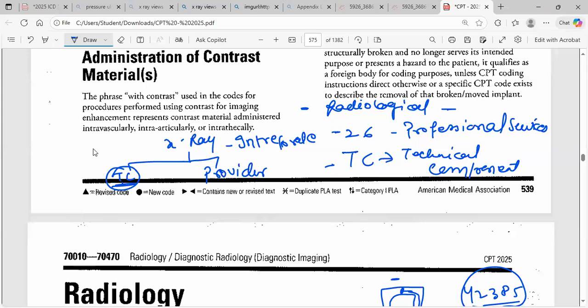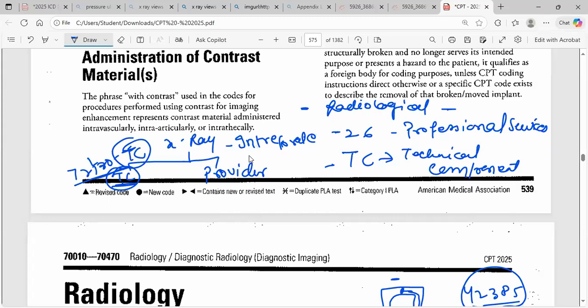So in all radiological services, we have two components. If we are going to bill for the lab technician, the person who just provided their equipment, their machine, we are going to use the CPT with the modifier TC to represent that he does not interpret the report or provide the complete component of the X-rays.